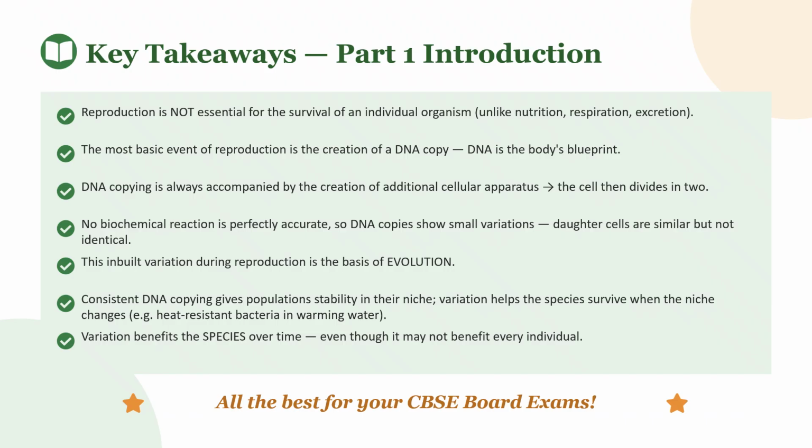So we have come to the conclusion part of this topic. What we saw today is about reproduction. Reproduction is nothing but producing new individuals and also ensuring the continuity of species. DNA acts as a blueprint of life and it must be copied during reproduction. DNA copying is followed by cell division and variation. This variation arises due to small errors during DNA copying, leading to evolution.